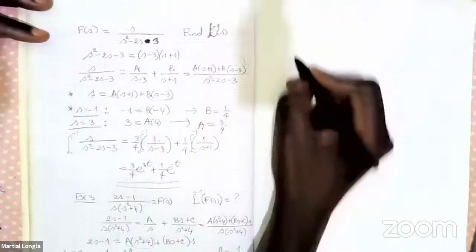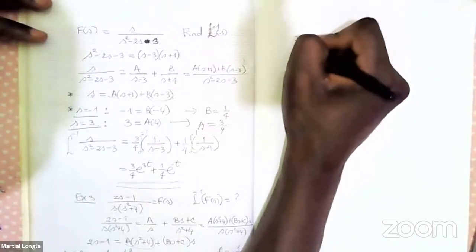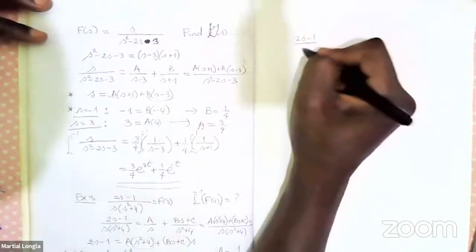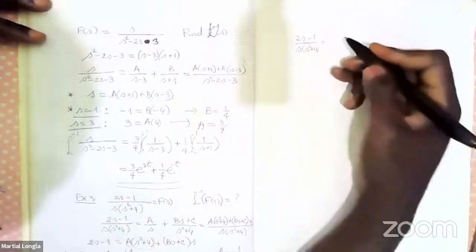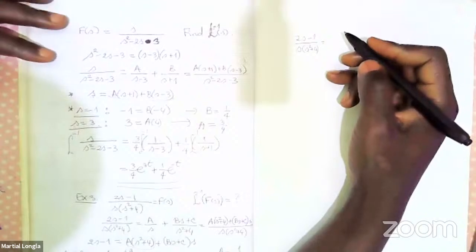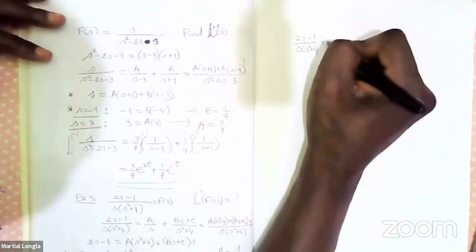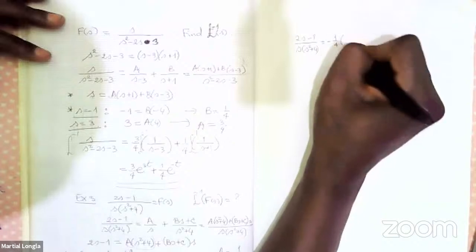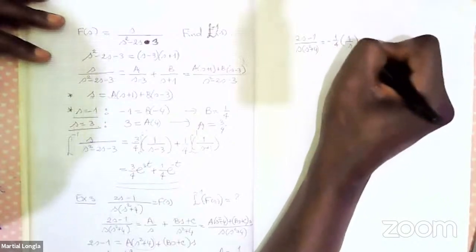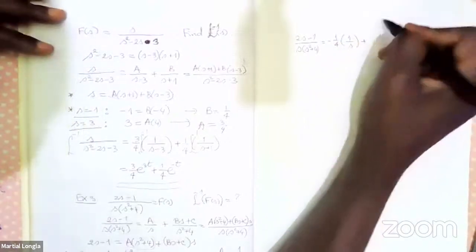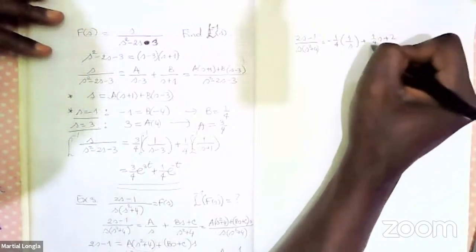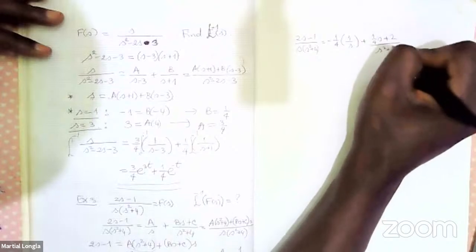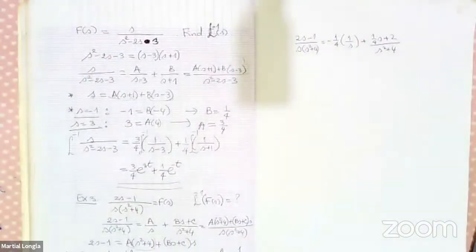For this problem, we get (2s minus 1) over s times (s squared plus 4) equals a over s, and a is negative 1/4, 1 over s, plus b, that's 1/4, s, plus c, 2, over s squared plus 4. So this is what you get when you get to this level.